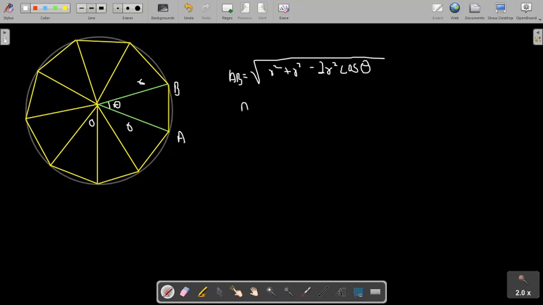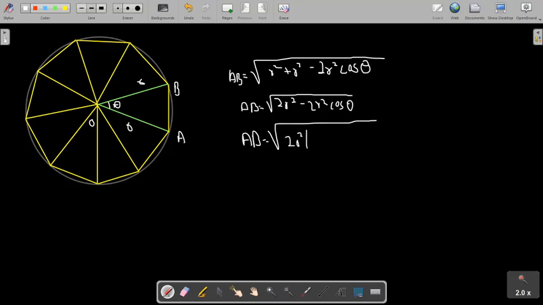Okay, so that just gives us AB equals the root of 2r squared minus 2r squared times the cosine of theta. Now we will take 2r squared out, since it is common in both terms, and we're gonna get 2r squared times bracket 1 minus cosine of theta.